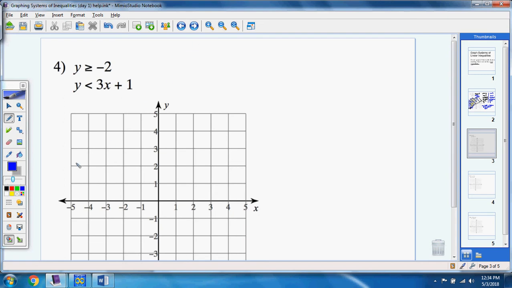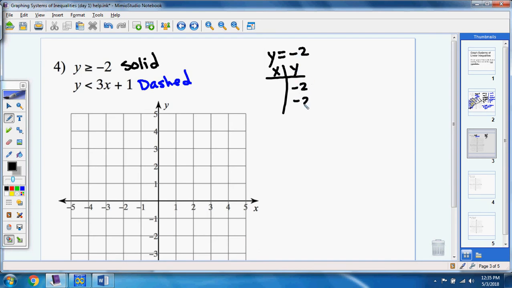So again, I'm going to represent it as 2 separate colors. For my first one, that would be a solid. Second one would be a dashed. On my solid line, I'm going to think of y equals -2, and I'm going to make a t-chart. Again, all the y's are -2. X is 1, 2, 3.